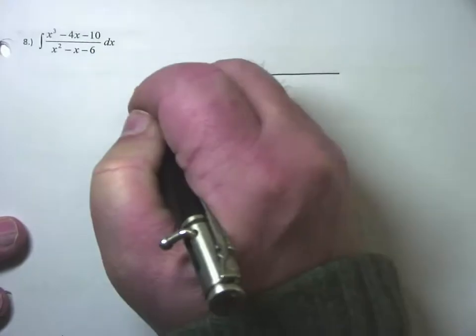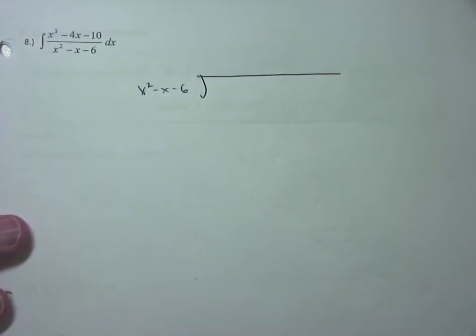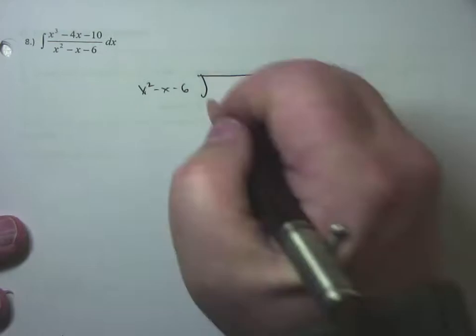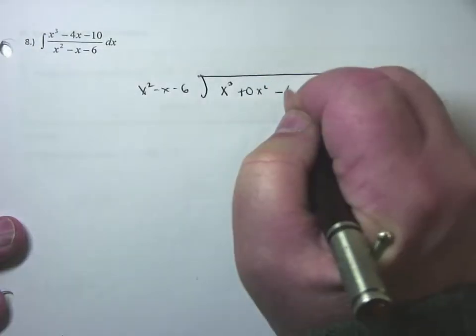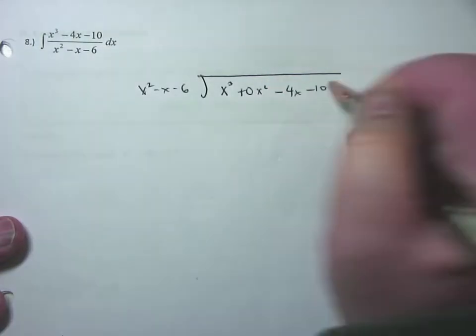The divisor is x squared minus x minus 6, but look at your dividend, your numerator. There's a term missing. Pay attention to that and don't forget to put a 0 in for the missing term. This is x cubed. There is no x squared term, so plus 0x squared minus 4x minus 10.